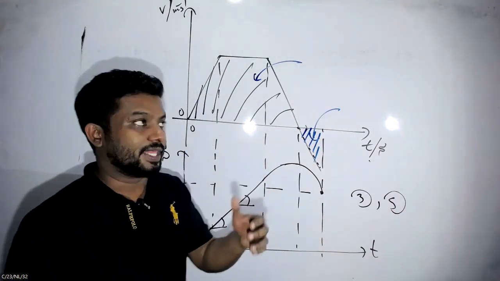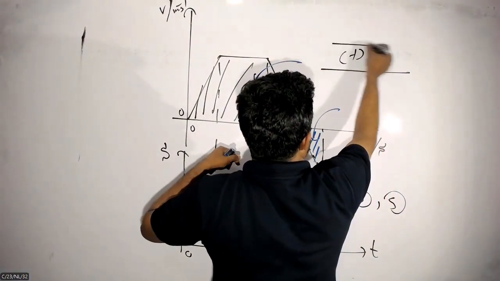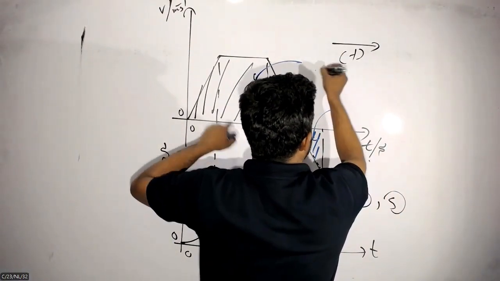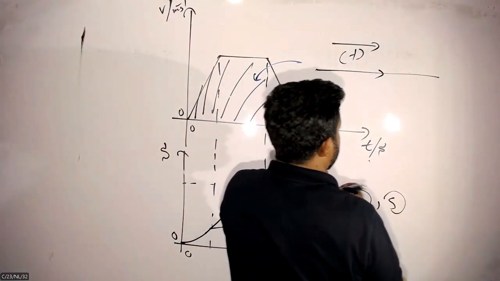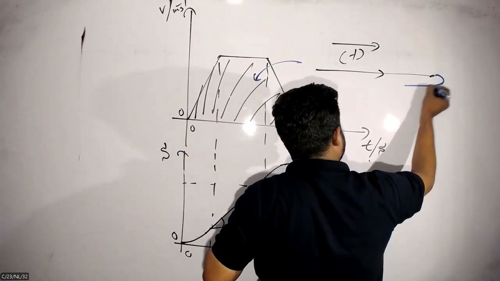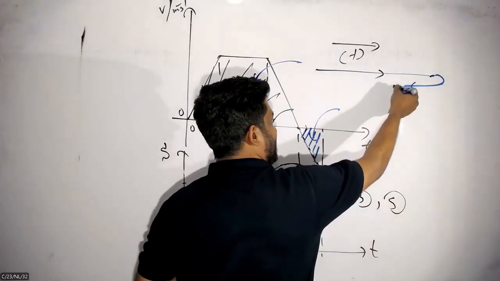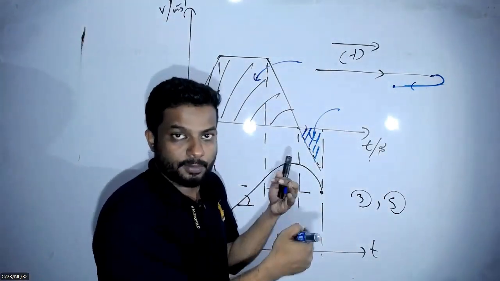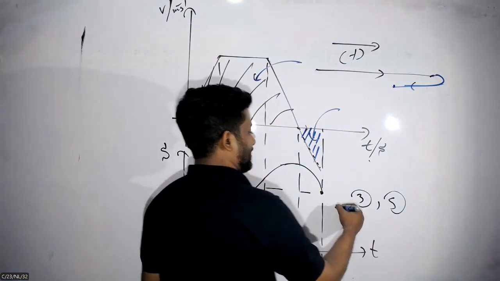If the right side is the positive direction, you can observe that the distance traveled towards the positive direction is greater than the distance traveled in the opposite direction. That means the final displacement of the object should be a positive value, right? Therefore, the answer is the third one.